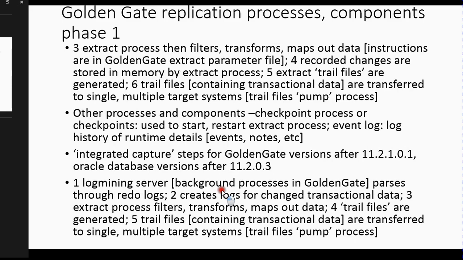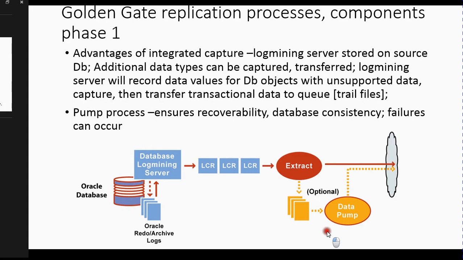Once you have the trail files, which contain transaction data, those files can be transferred over to a single target system or to multiple target systems through the use of the pump process. These are the advantages of using integrated capture mode with a newer GoldenGate software version and a newer Oracle Database version.